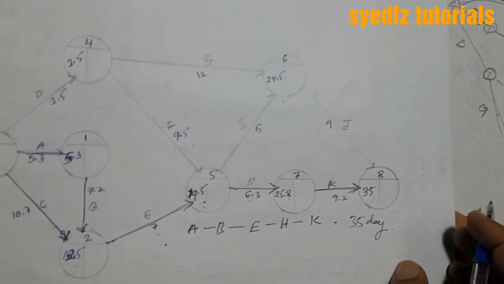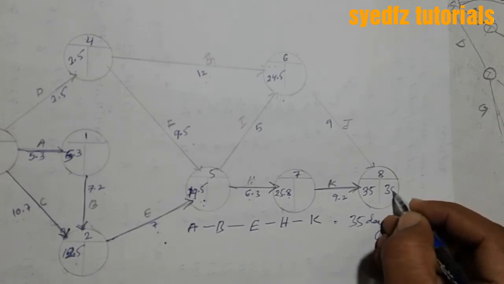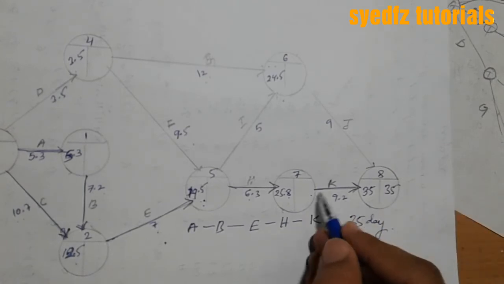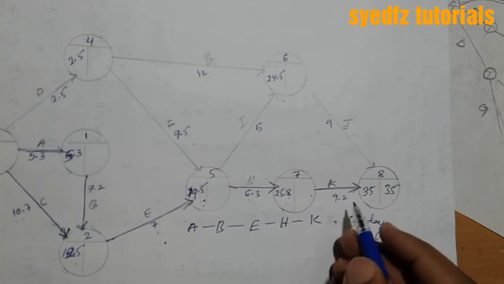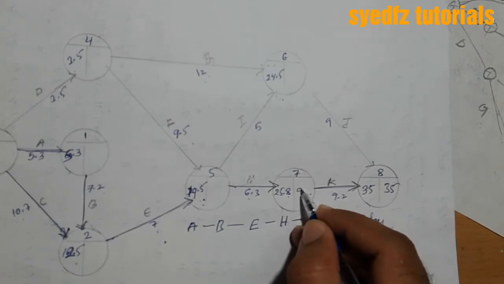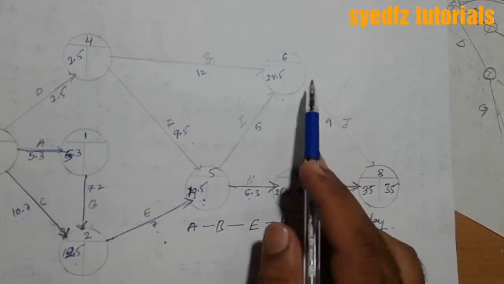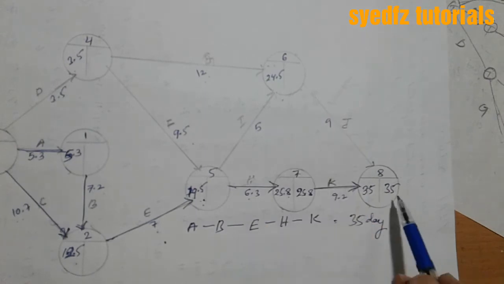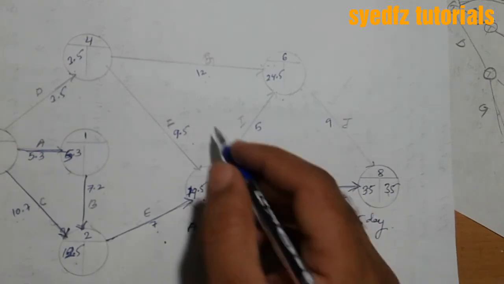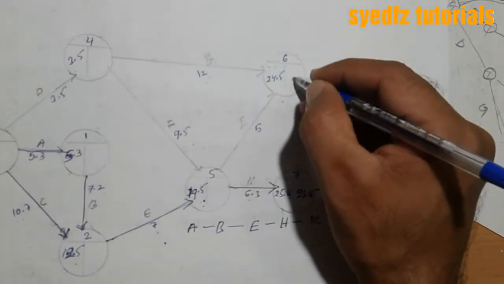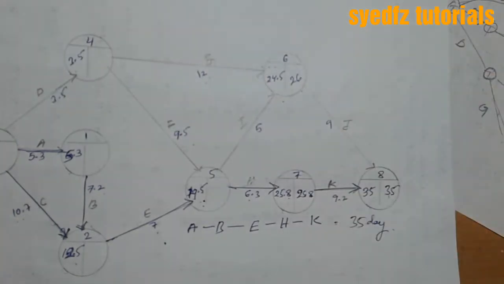Now we take 35 and see the minimum. Here only one activity is coming. 35 minus 9.2 is 25.8. Okay. Here also one is coming. 35 minus 9, 26. 35 minus 9, is that 9 or 8?